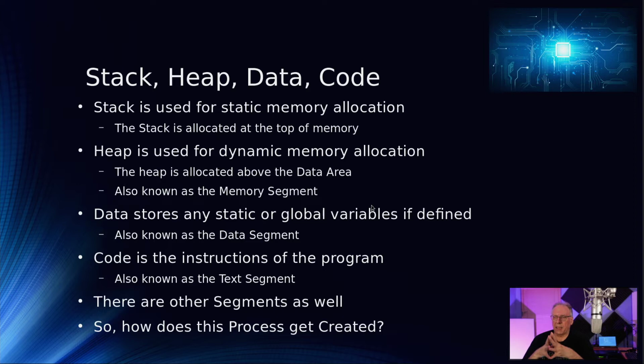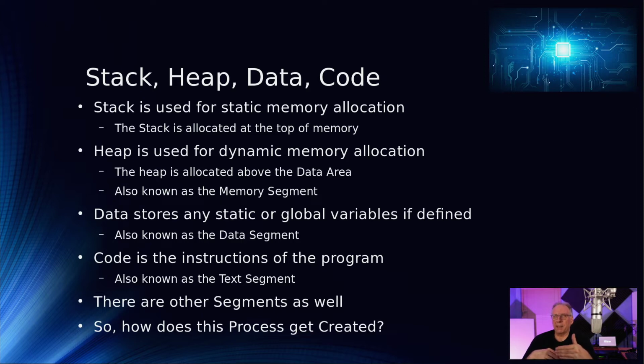So what's in the stack? The stack is used for static memory allocation. So generally, the variables in the application would go into that. Heap is used for dynamic memory allocation. And that is allocated above the data area, and it's known as the memory segment.